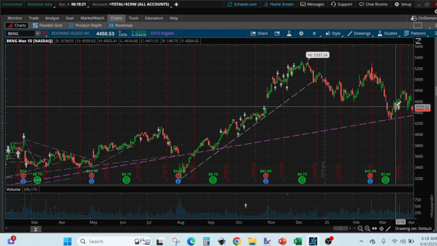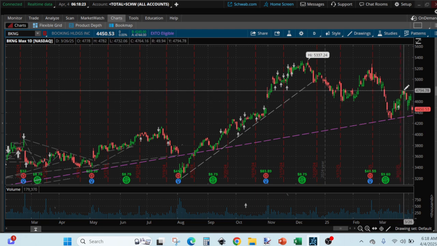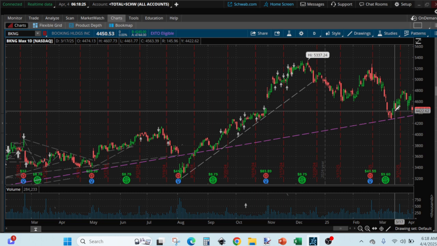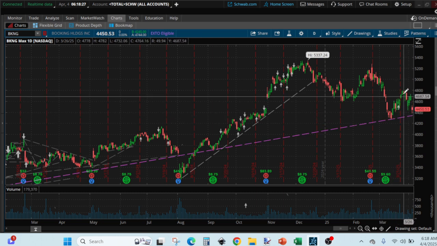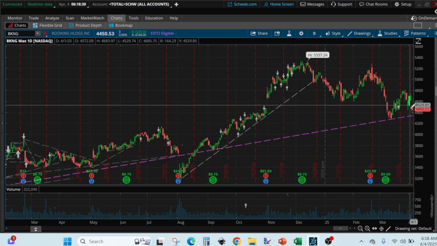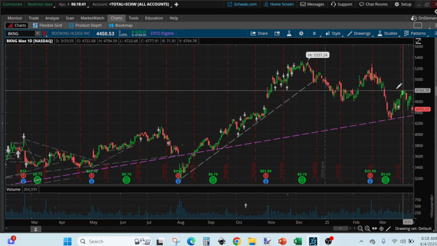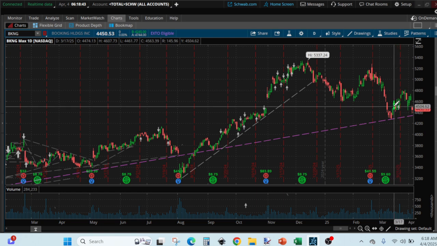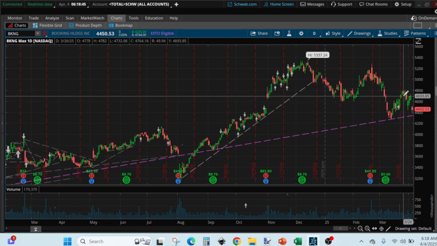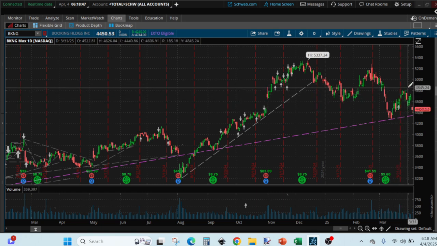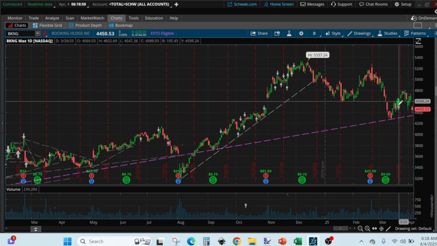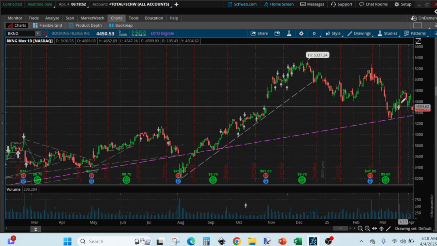But do you see, I have two red bars here. This one is higher than this one, which is higher than this one, but still it turned down. So there is still a possibility that it's going to go down, but we are just trying to minimize that risk, or that chance, or that probability, by waiting to see at least two red bars between the greens and having an upward trend.